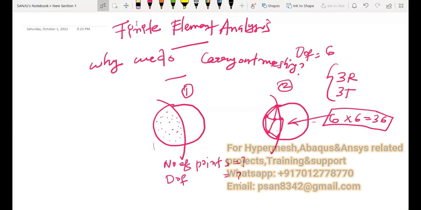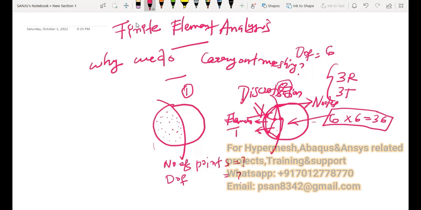So the process is called discretization, and the points are termed as nodes. The nodes constitute to form elements. So here we are having tria elements and quad elements, right?